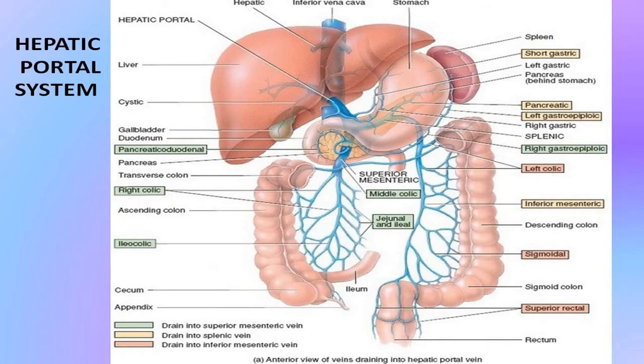Now, the hepatic portal system. As the name shows, hepatic portal system is the system which includes liver. Blood from different organs of the digestive tract drains into liver through hepatic portal vein. Hepatic portal vein is formed by the fusion of superior mesenteric vein, which emerges from the small intestine, and the splenic vein, which comes from spleen.